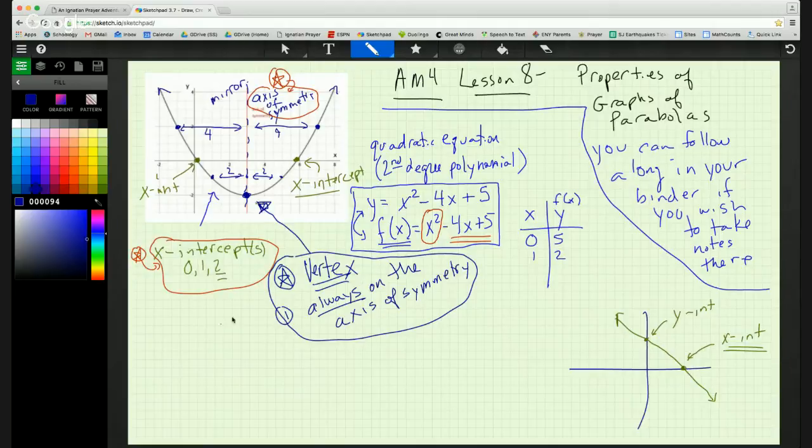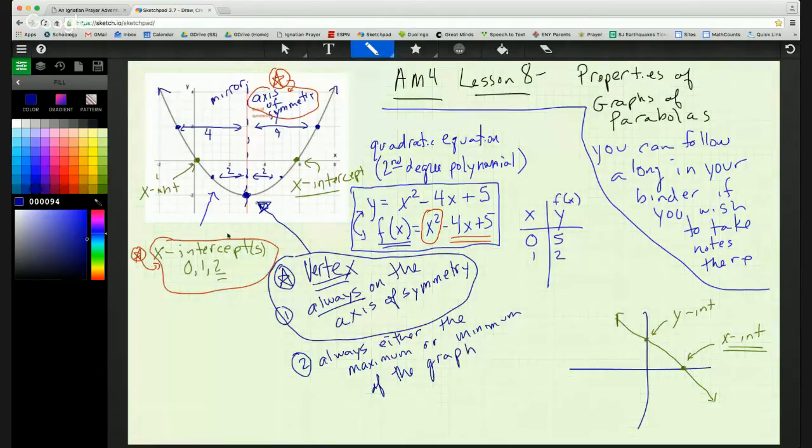So there's another characteristic of it, and here's characteristic number 2. It's always either the maximum or minimum of the graph. So in this case, it's the minimum.